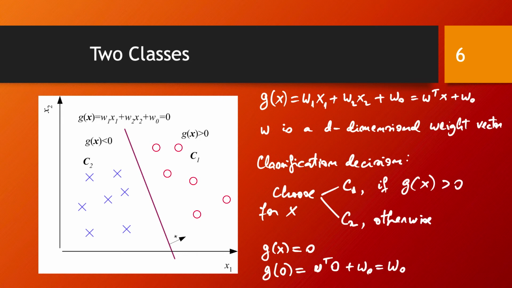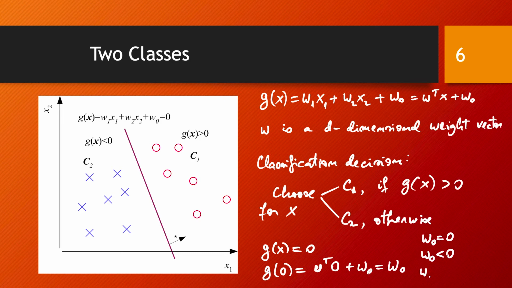So there are three possibilities. If w0 happens to be 0, then our hyperplane defined by the discriminant function goes via the origin. If w0 is smaller than 0, just like we have in this particular example we have on this slide, then the origin is going to fall on the negative side of our hyperplane.